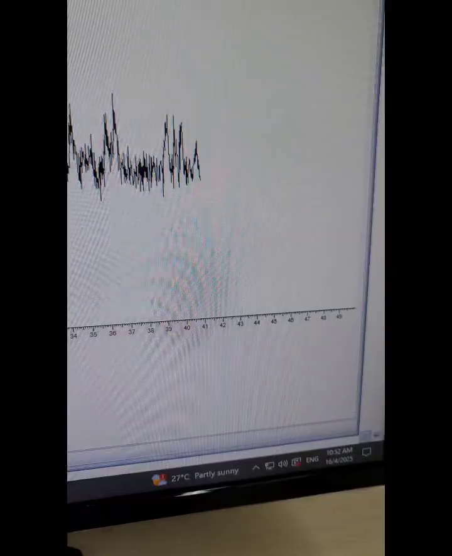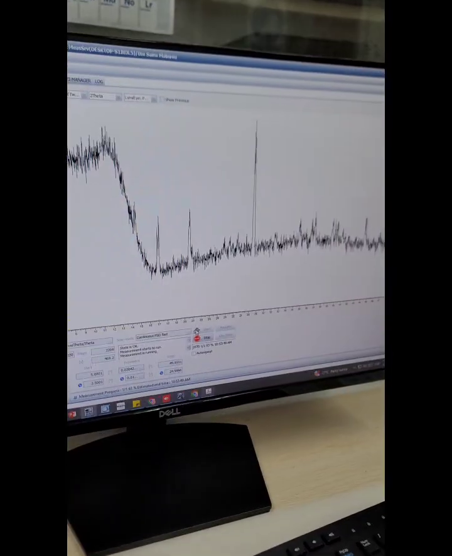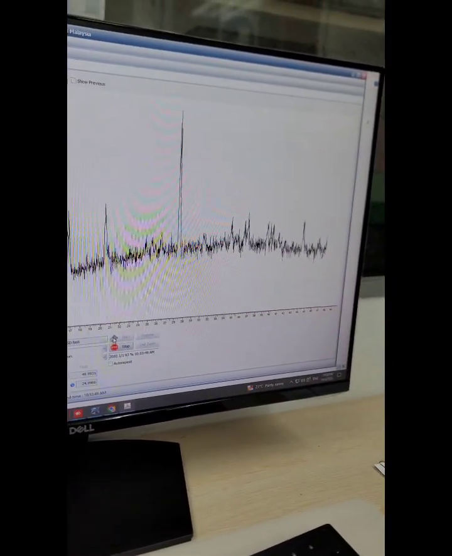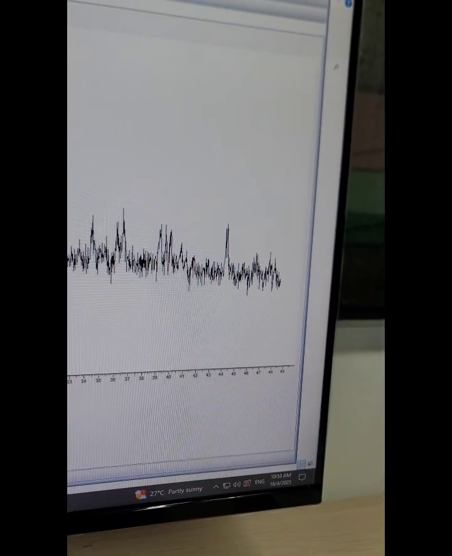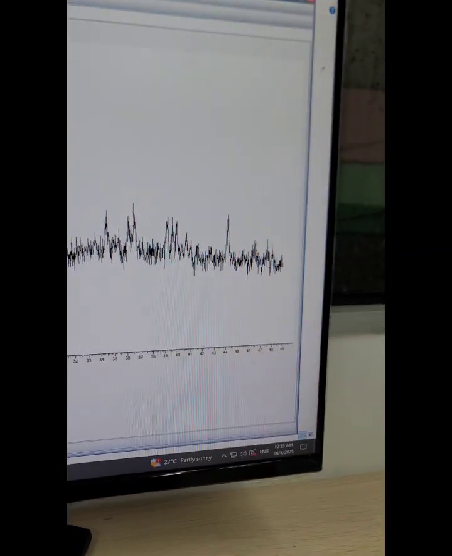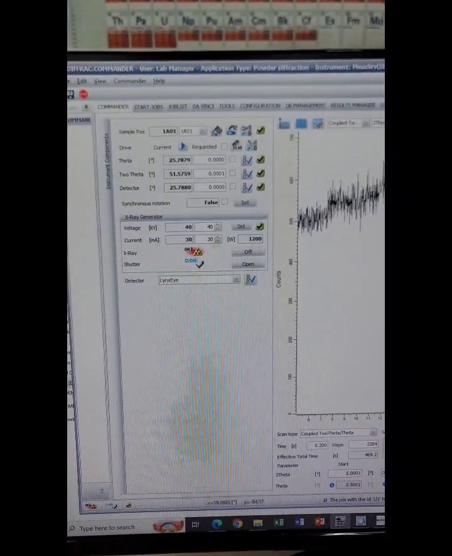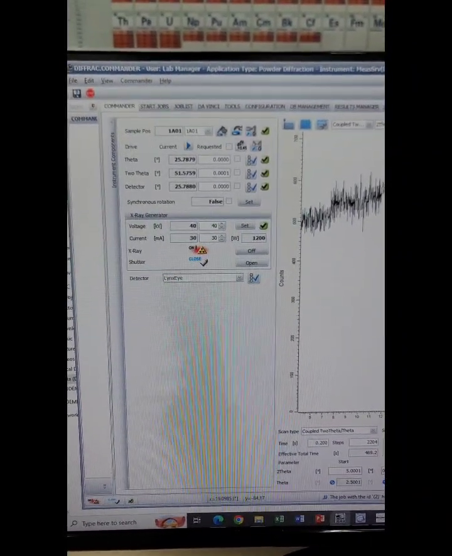Okay, this is 49.50. The characterization will finish right now. As you saw, it reaches 50, and this is the parameter of this characterization.